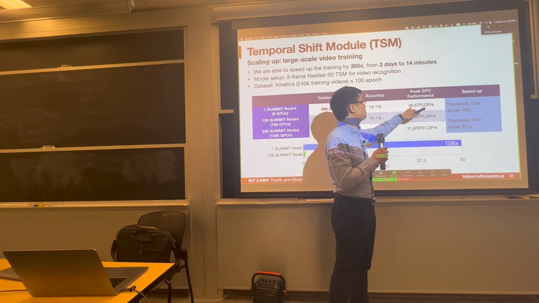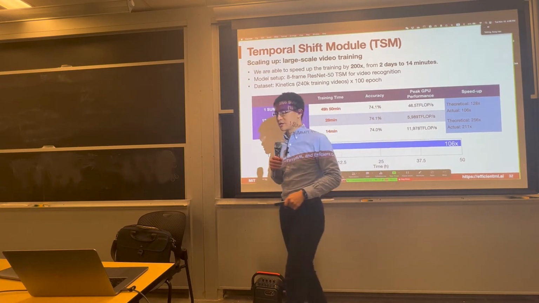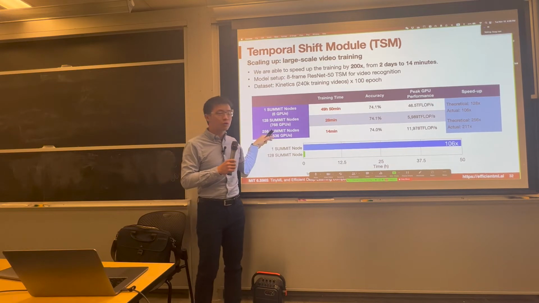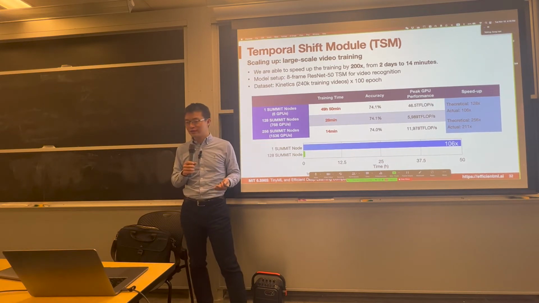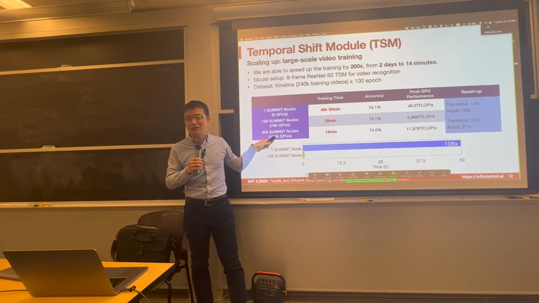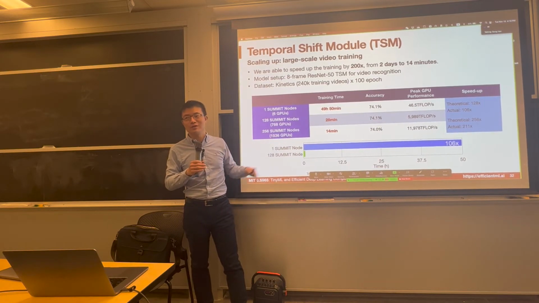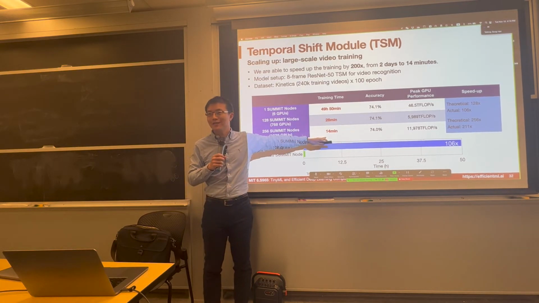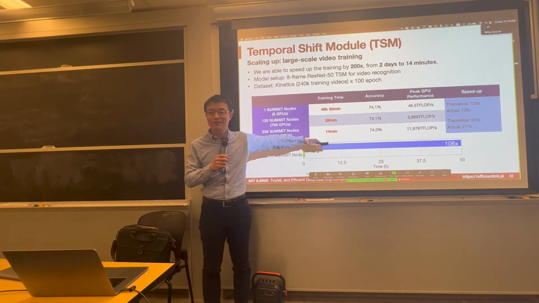The peak GPU performance is about 46 teraops per second. And we are increasing that to 256 nodes, which corresponds to 1,536 GPUs at the same time. Okay, and that requires only 14 minutes, just over a cup of coffee, right?